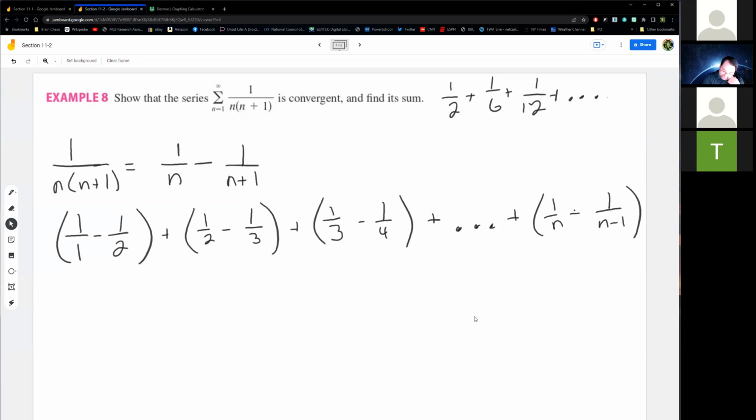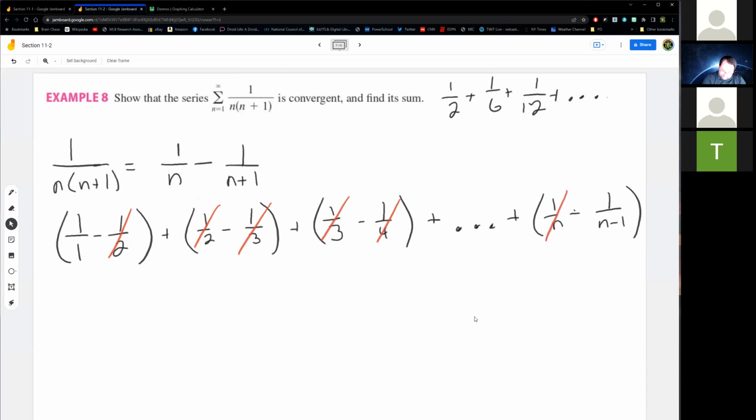All right, so now if we look at this part right here, I have a -1/2 and a +1/2. Right? I have a -1/3 and a +1/3. And if I continue this, I'd have a -1/4 and a +1/4. And I'd have a -1 over n and a +1 over n.